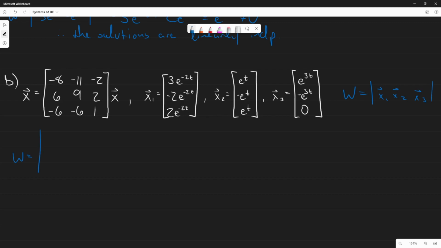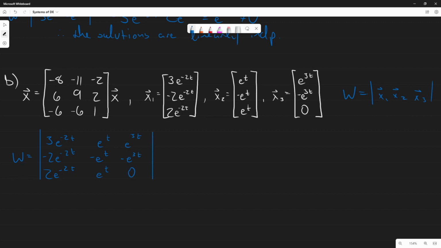So this would be equal to 3e to the -2t, -2e to the -2t, 2e to the -2t, e to the t, -e to the t, e to the t, e to the 3t, -e to the 3t, and 0.